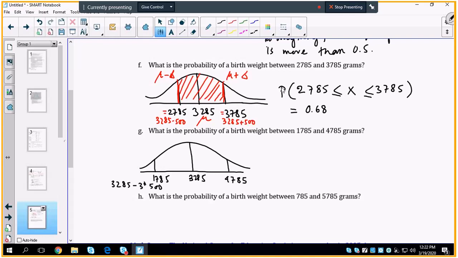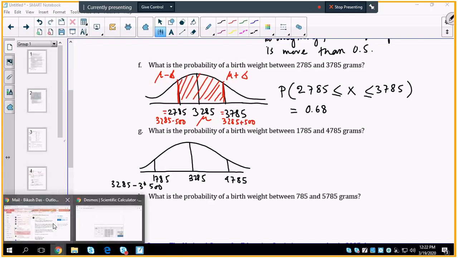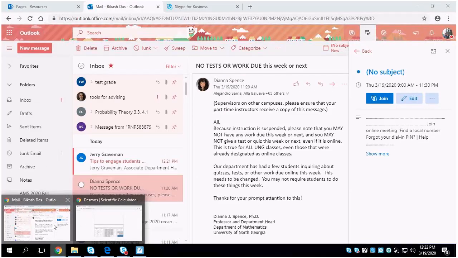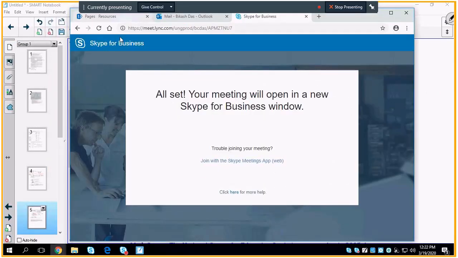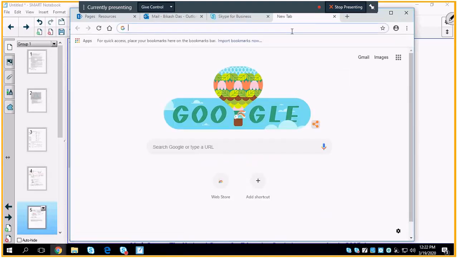If you do so, you get 1785. I can verify that for you because I can understand the numbers faster. I have the answer readily. We can always verify this information by going to our calculator. And I will need 1 minute to find the calculator.